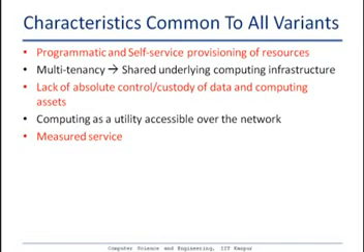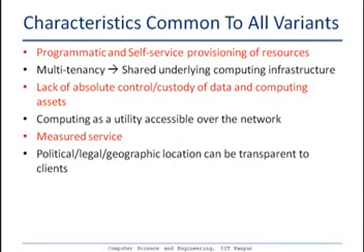Another important characteristic is that the location of the services that a cloud vendor provides is or can be often transparent to the consumers. That means if as a consumer you deploy some application in a cloud environment on a cloud vendor, you may not always know where, in terms of geographic location or legal or political jurisdiction, your data or your application is actually running.